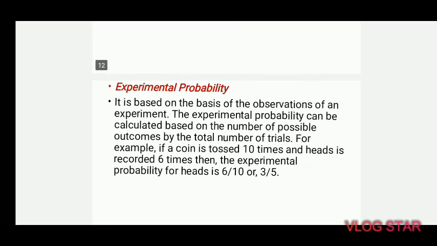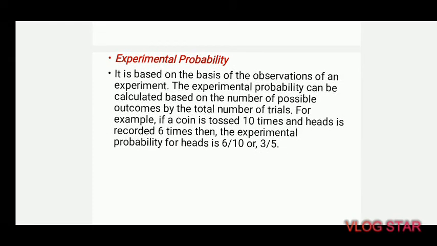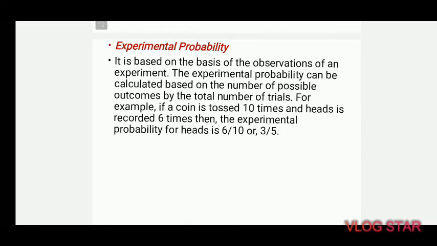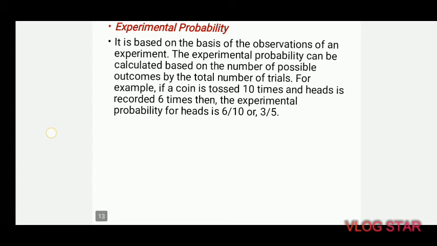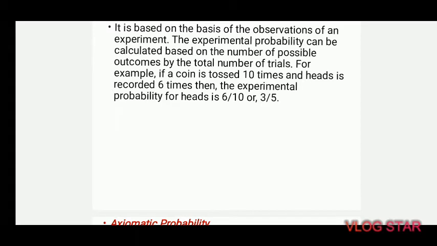Then experimental probability. It is based on the observation of an experiment. The experimental probability can be calculated as the number of possible outcomes divided by the total number of trials. For example, if a coin is tossed 10 times and head is recorded 6 times, then the experimental probability for heads is 6/10.